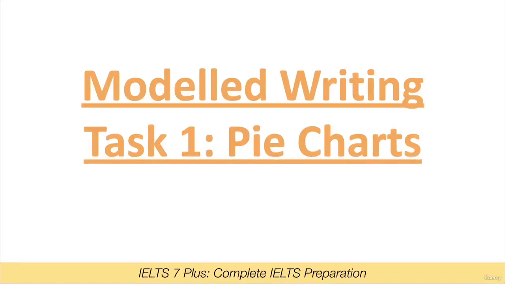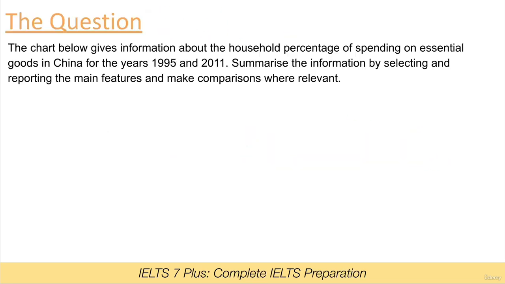Pie charts is next. Okay, and more than one pie chart, which we can see from the S at the end. The charts below give information about the household percentage of spending on essential goods in China for the years 1995 and 2011.